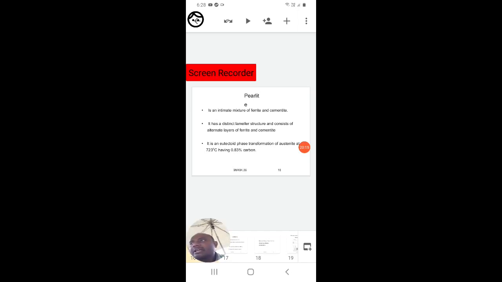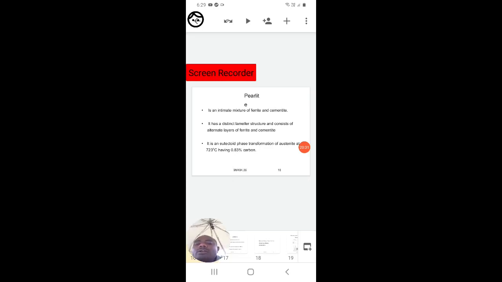Eutectoid, eutectic and peritectic. Eutectoid means a solid phase gives rise to two types of solids. That type of reaction is called eutectoid reaction.